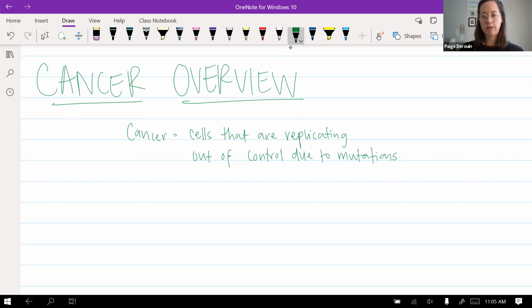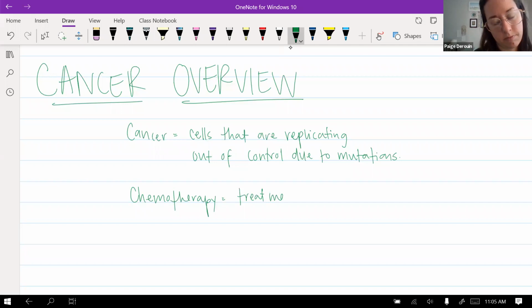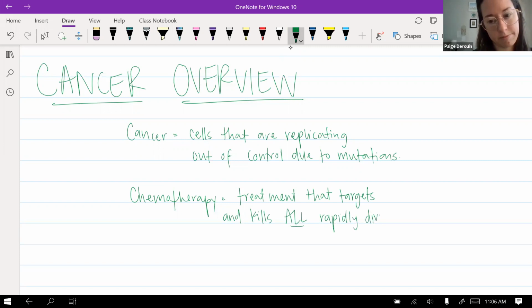So usually you have people treated by chemotherapy. I'm going to write this, that chemotherapy is a treatment that targets and kills all rapidly dividing cells.